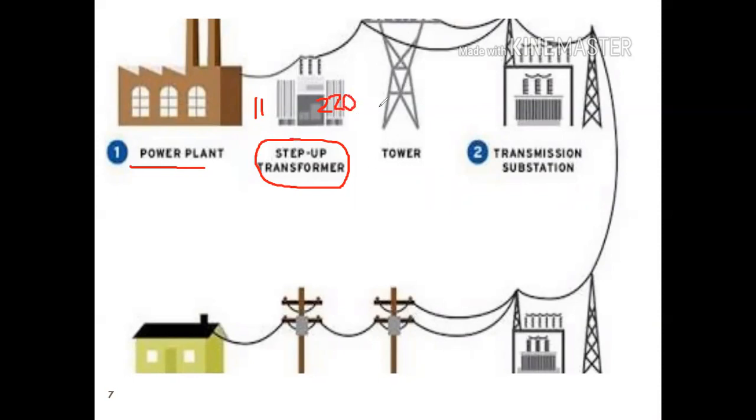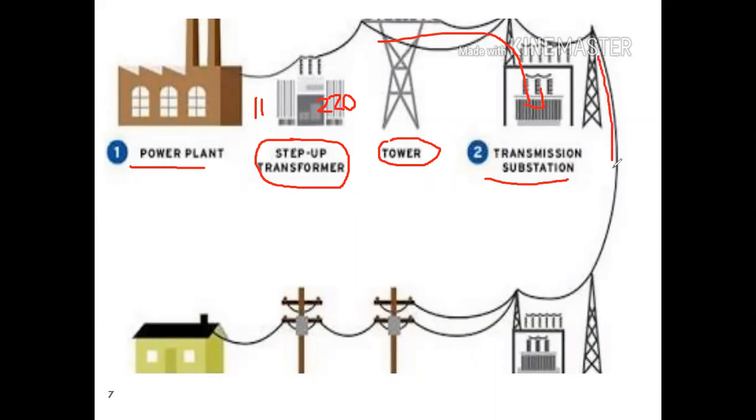Then this power is transmitted by the transmission tower and transmission line, and then comes to the transmission substation. Here, according to the requirement, it is stepped up or stepped down. Mostly the step down here is 220 kV to 110 kV or 66 kV.